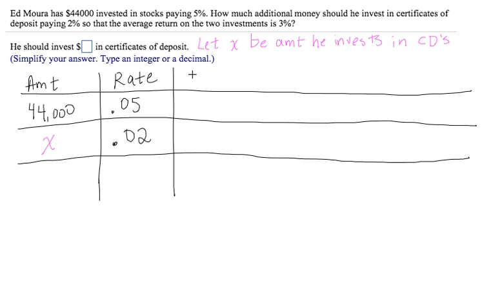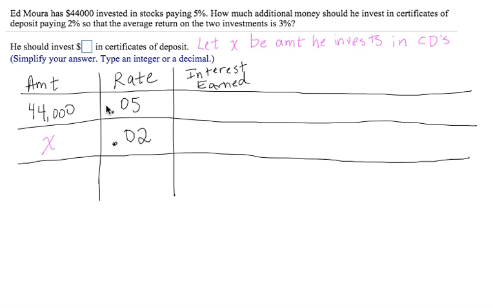First, let's put the interest earned, I think that makes more sense. Let's break it down for each piece. So the interest earned on the $44,000, we can actually compute that as a number because it's 44,000 times 0.05.